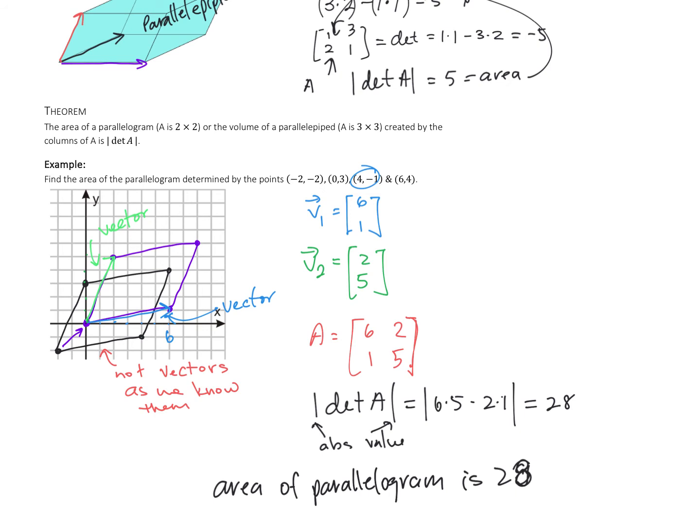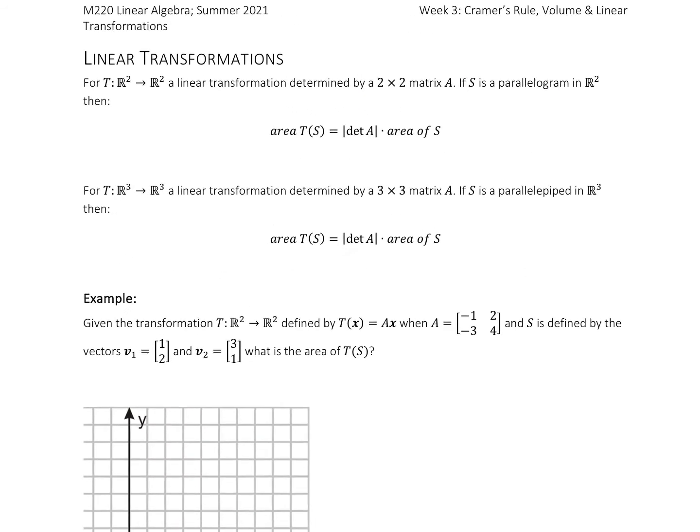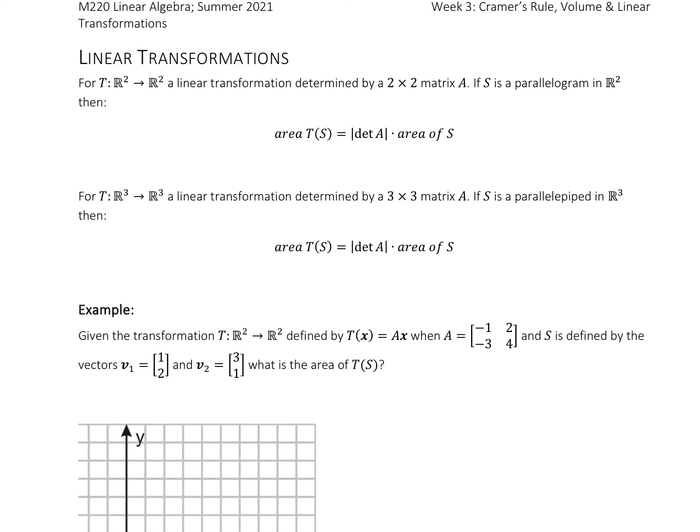Okay. Let's take this idea and talk about it in terms of transformation. Who doesn't love a transformation? So our linear transformations, different than the transformation I was just talking about.